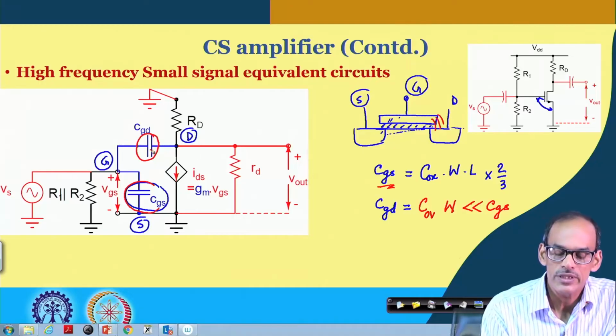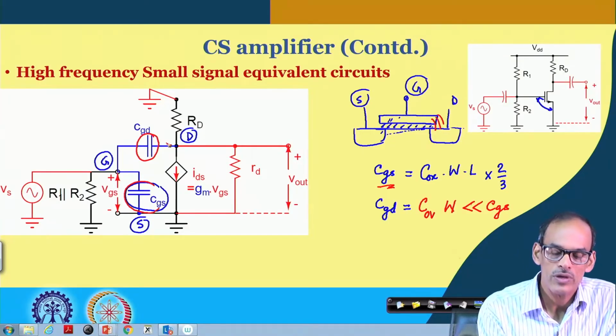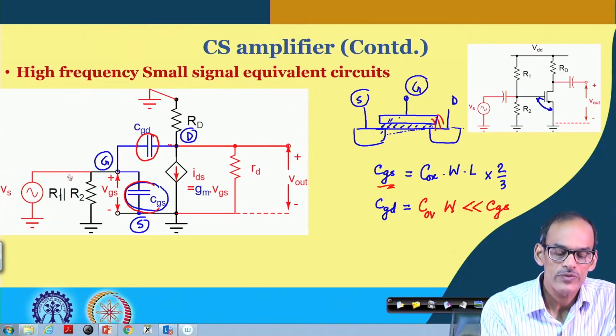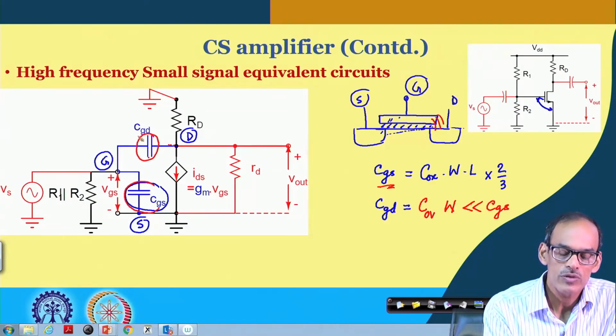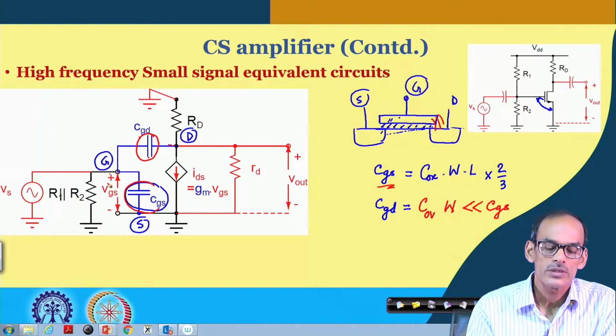However, this CGD, at this end it is not AC ground, rather it has a signal. So, if we are thinking of it as the small signal capacitance, and if we translate this capacitance into an equivalent capacitance from input port to ground, then we need to consider Miller effect.